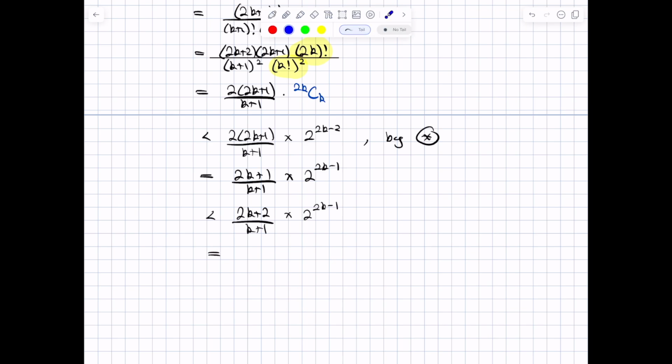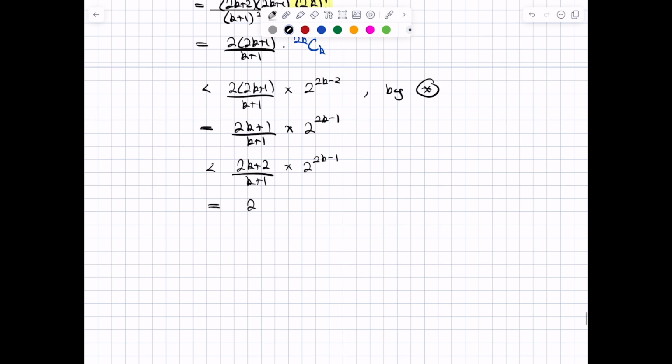Of course, this fraction now is simply equal to 2. So that's 2 times 2 to the 2k−1, and that's equal to 2 to the power 2k, and that's equal to the right-hand side. So I've shown that my left-hand side is less than the right-hand side if the assumption is true.